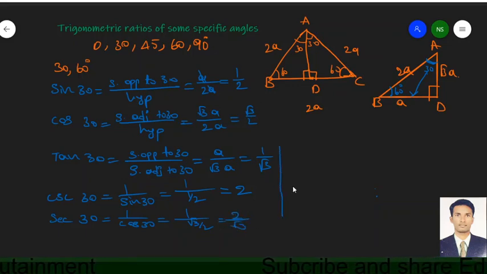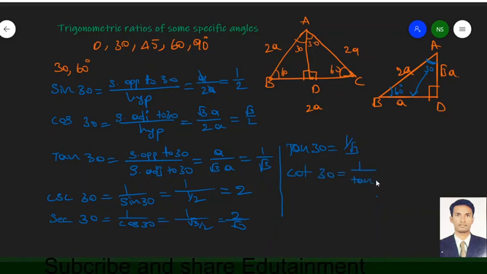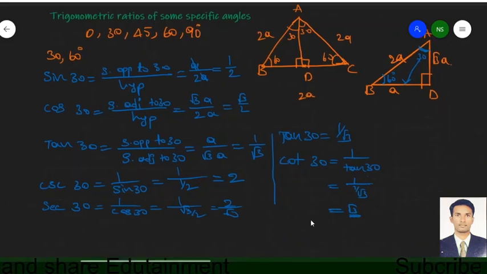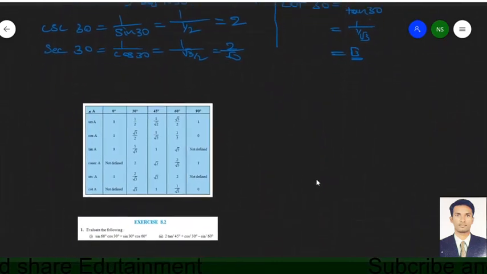And finally we can find out cot 30, which is 1 by tan 30. Tan 30 is 1 by root 3, so we will get here root 3. Okay, like this we will find out the trigonometric ratios for different angles.